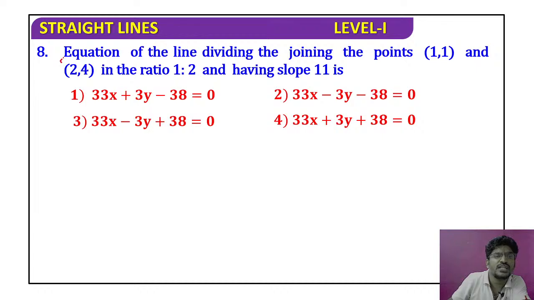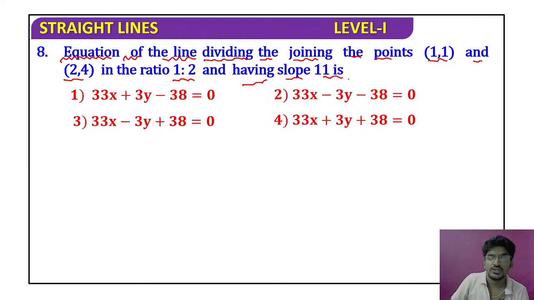You have to find the equation of the line dividing the line joining the points 1, 1 and 2, 4 in the ratio 1:2 and having the slope 11.